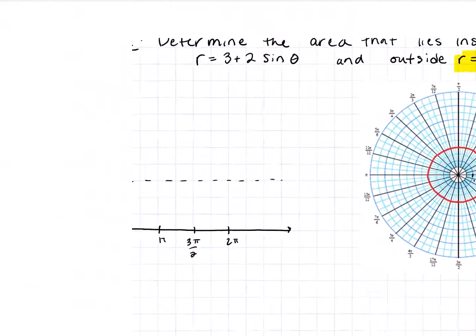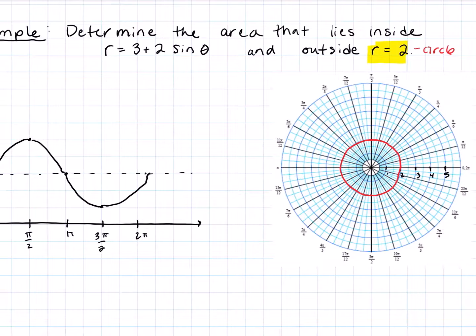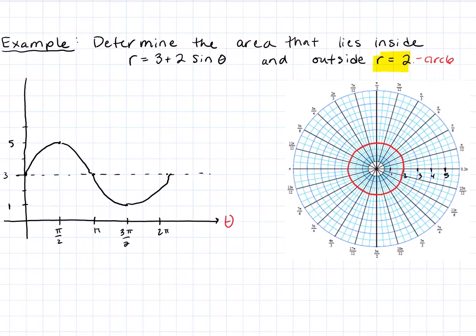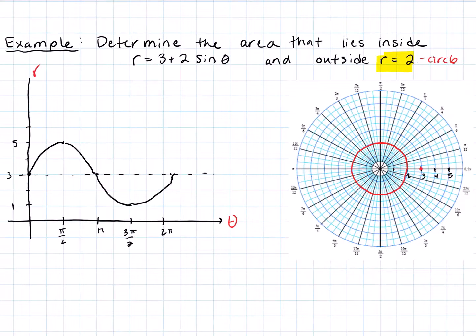So then what is my other curve? Well, let's see. If we have 3 plus 2 sine of theta, we are going to have a curve that looks something like this. Let's do it in red over here on the polar curve. We're going to start at theta equals 0. This was the theta, r graph. So we're going to start over here at 3, and then we're going to be up to 5, and then back to 3, and then we're going to come into 1, and then back out to 3.